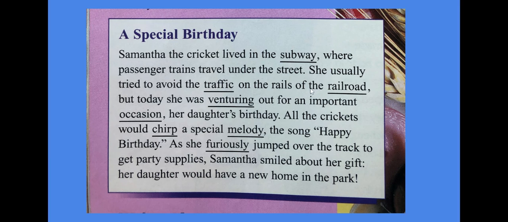But this one says on the rails of the railroad. So is there traffic and is it busy on the railroad? And a railroad is similar to a train, because I can refer back to the passenger trains there. I'm going to continue trying to figure out what these words mean based on the words around it.